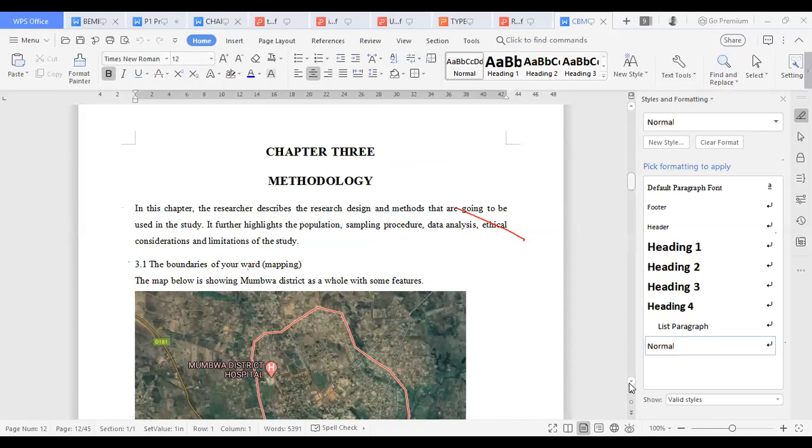In your research methodology, firstly, you're describing your research design and the research methods that we talked about, data analysis and everything that are going to be used in the study.